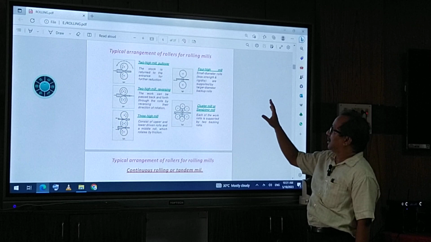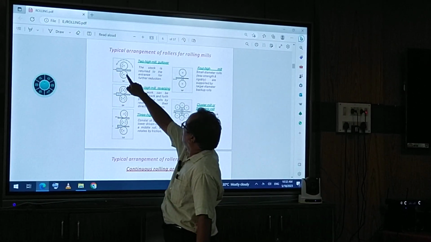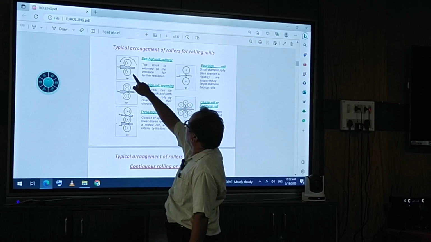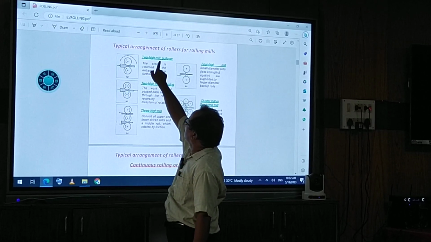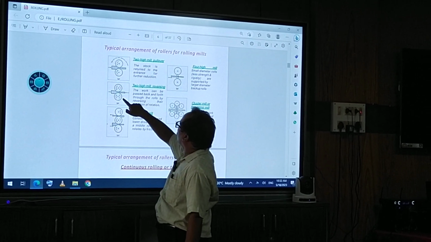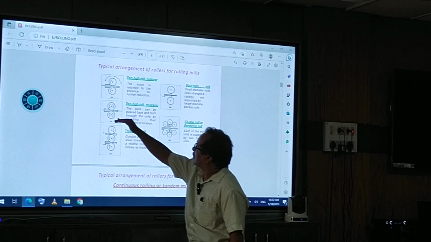In this rolling mill, these are the 2 rollers moving forward, that is a 2 high mill, and the billet, slab, or metal goes through this. This is the 2 high reversing mill, meaning the metal will go and again come back.